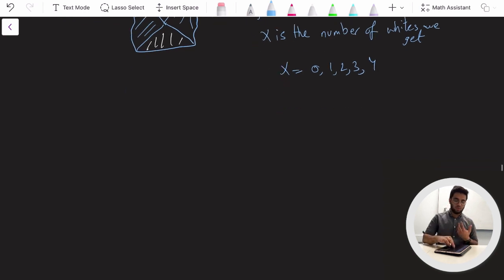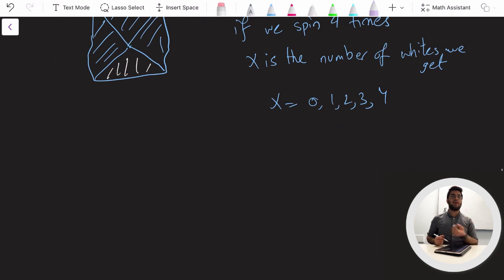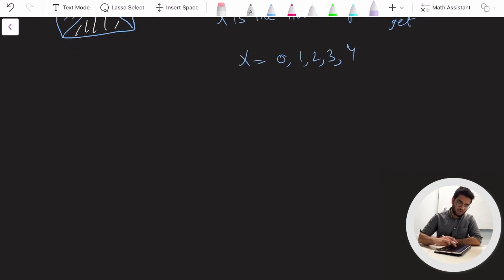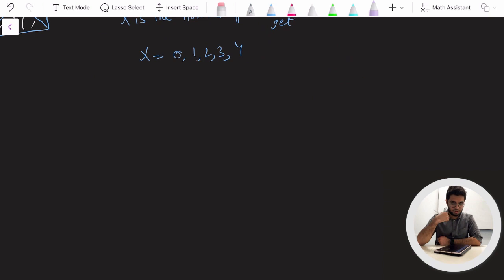Now let's do something that we've been doing this whole time: let's find some probabilities for x. To find probabilities, first of all, we are going to make a tree. Usually in these cases where there's a limited number of outcomes, it is good to make a tree. On the first try, you can either get a blue or a white.